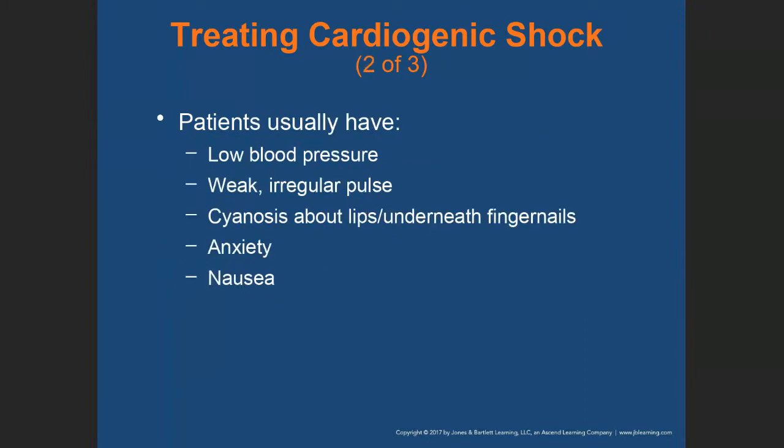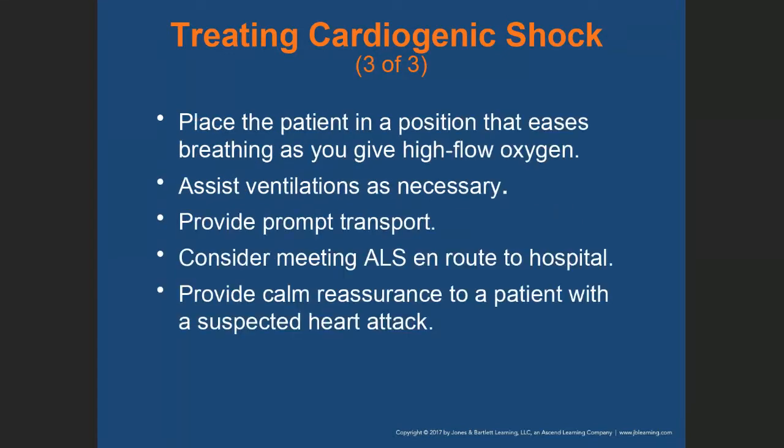Patients usually have low blood pressure, weak irregular pulse, cyanosis about the lips, underneath the fingernails, anxiety, nausea. Place the patient in a position that eases breathing as you give high flow oxygen.